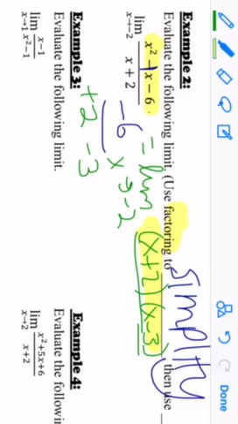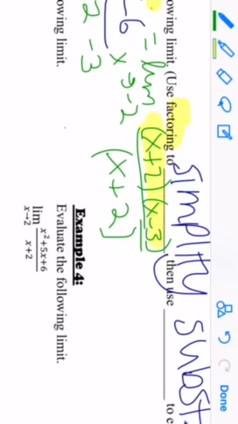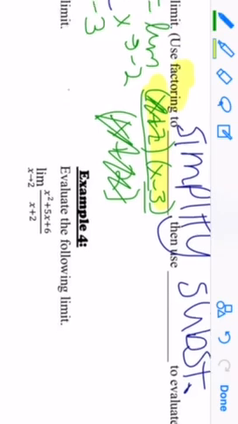So the denominator doesn't change. It's still x plus 2. We're going to group it up so they look the same. And then we're going to keep simplifying because these 2 factors cancel. All right, so now all we're left with is the limit as x approaches -2 of x minus 3, okay?